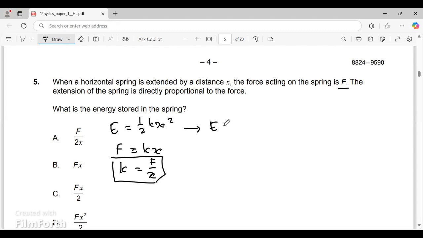It becomes E equals 1/2 times F over x times x squared. It becomes 1/2 F x. This one, 1/2 F x.